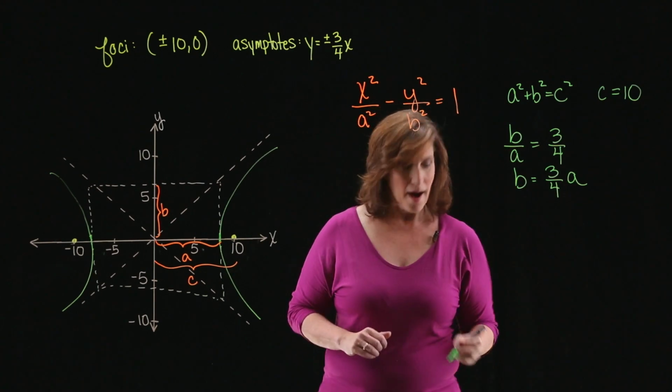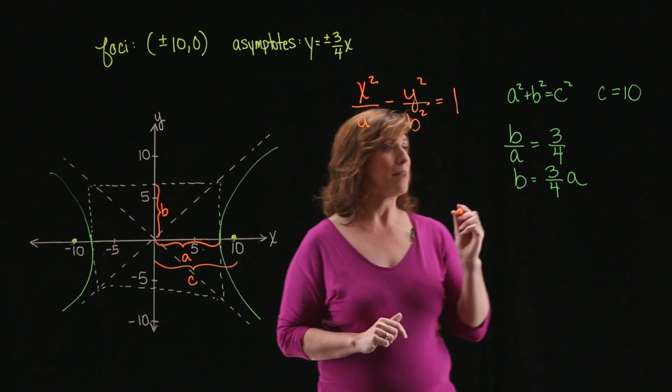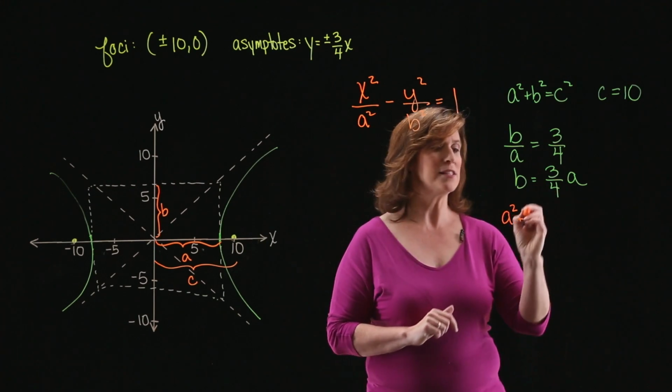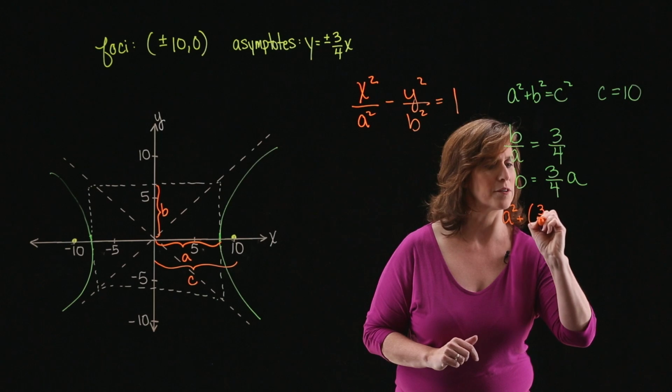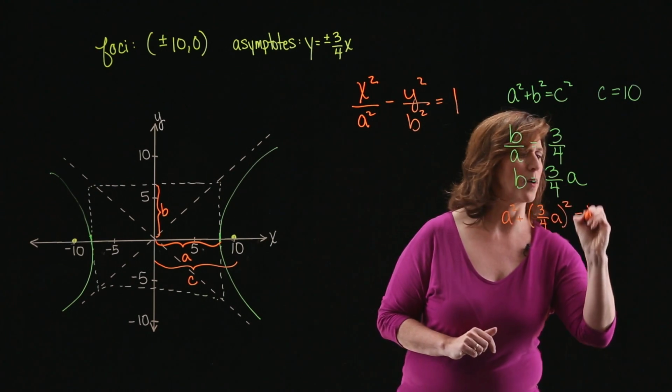All right, so I know that I want a squared plus b squared to equal c squared. That means that a squared plus b squared, which is going to be 3/4 a squared, is going to equal 10 squared.